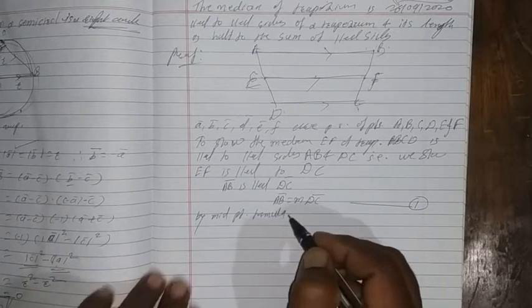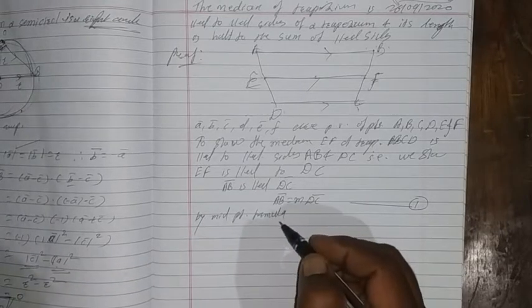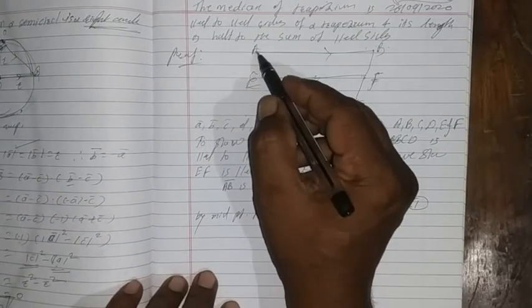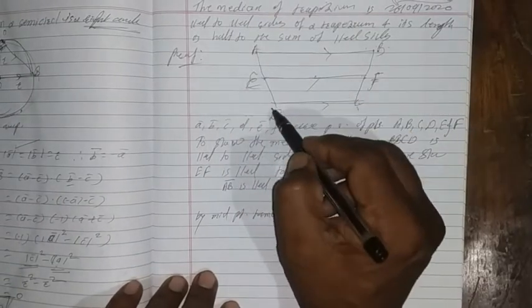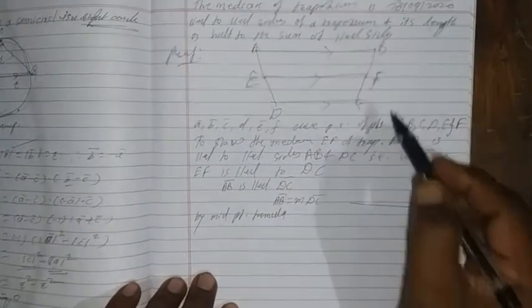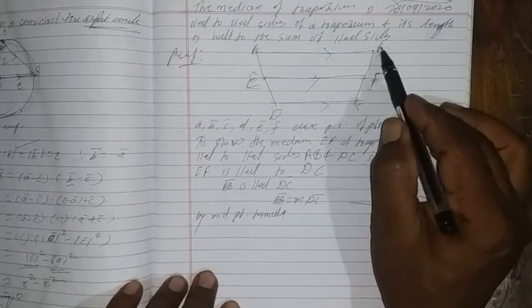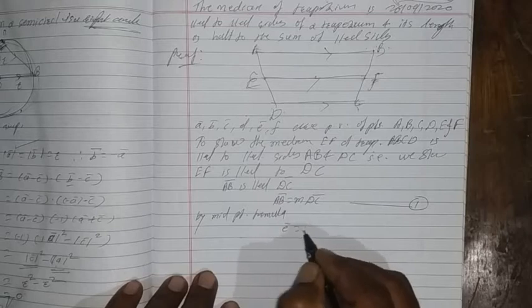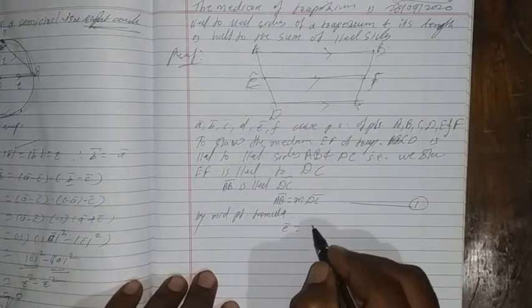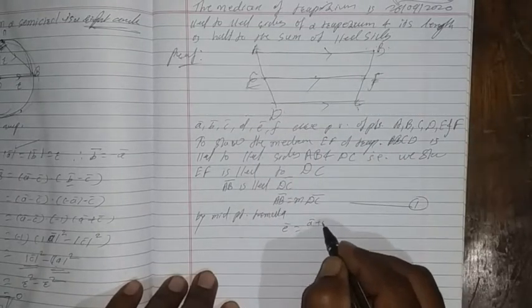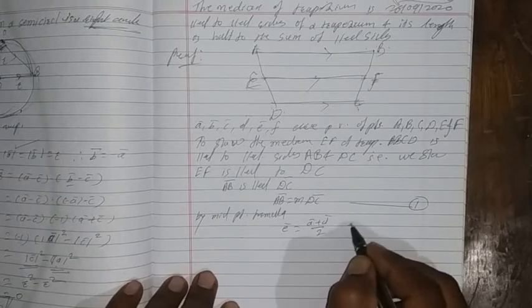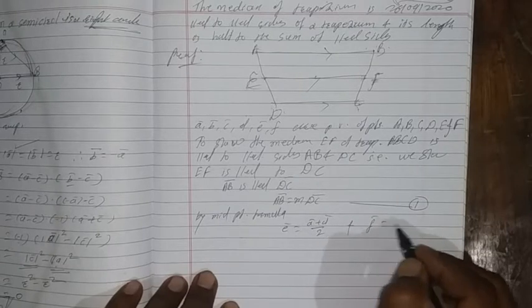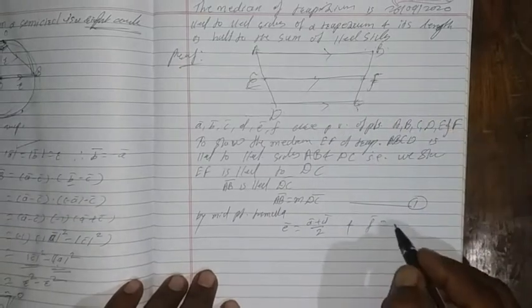We have seen the midpoint formula in the section formula. Since E is the midpoint of AD and F is the midpoint of BC, therefore E is equal to (A plus D) by 2 and F is equal to (B plus C) by 2.